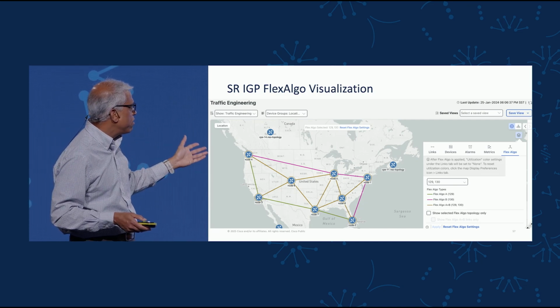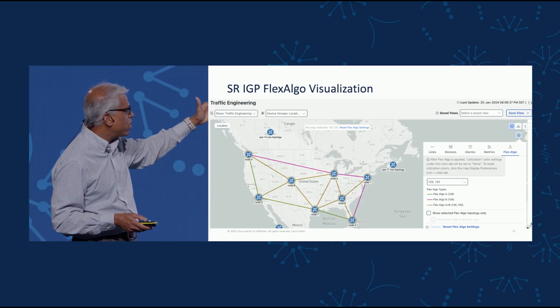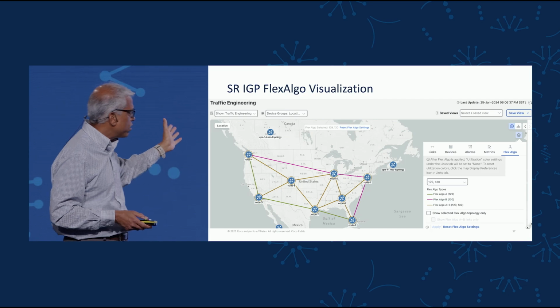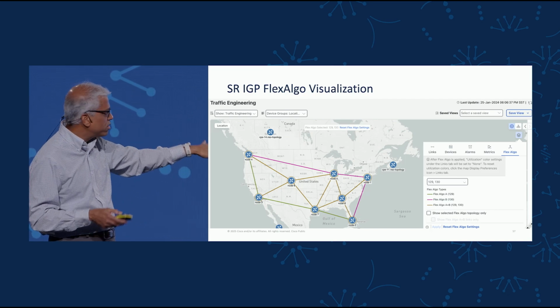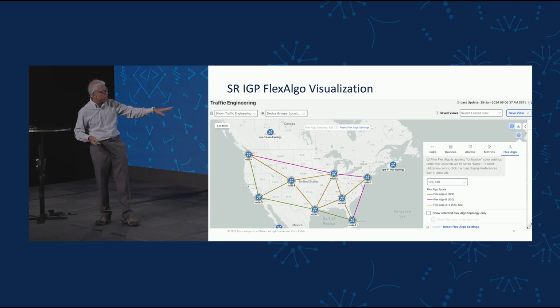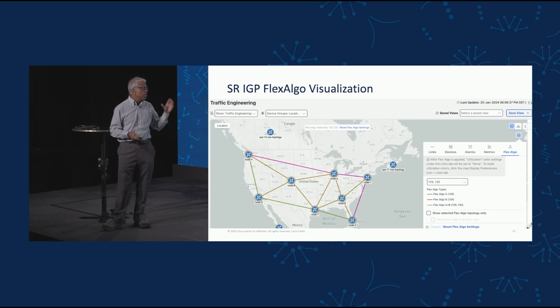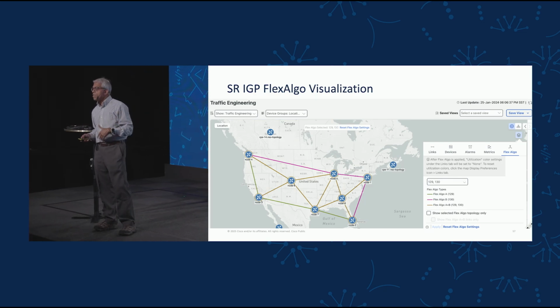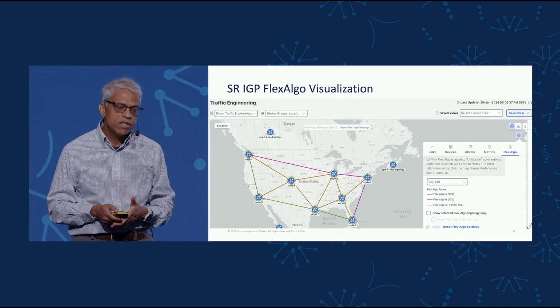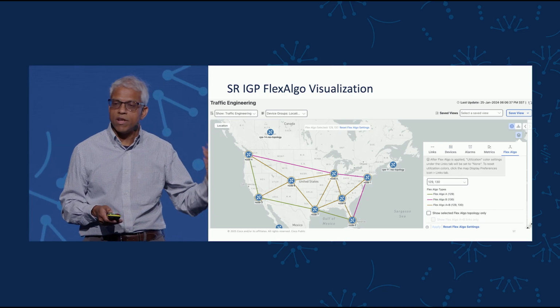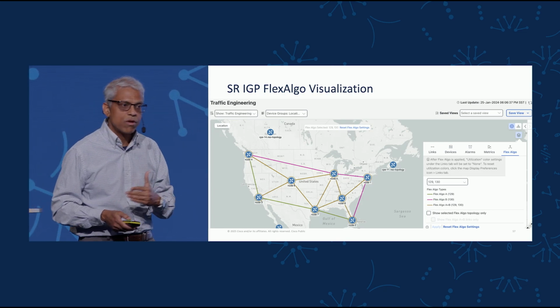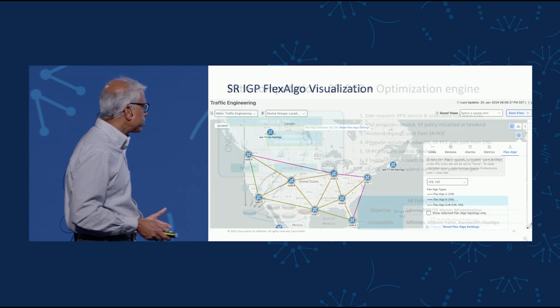So this is a simple visualization showing a dual plane network. You created 2 Flex Algos, and you can see which links are common. The brown links are in both planes, the red plane and the green plane, or red plane and blue plane, however you do it. So this is going to be super useful, particularly when you go to SRv6, because with SRv6, just with Flex Algo, you can create many lanes of traffic without even going to traffic engineering.